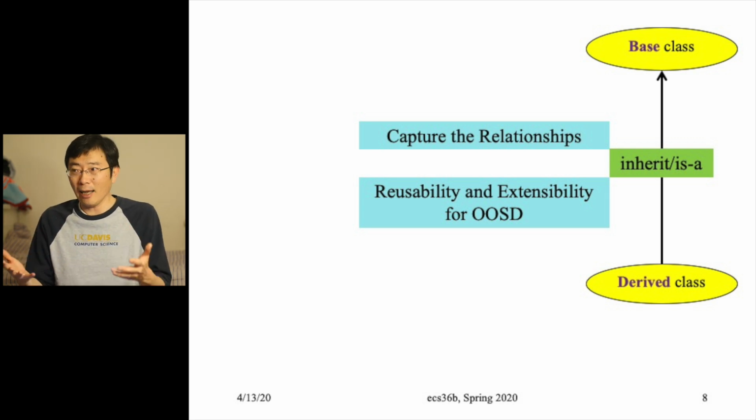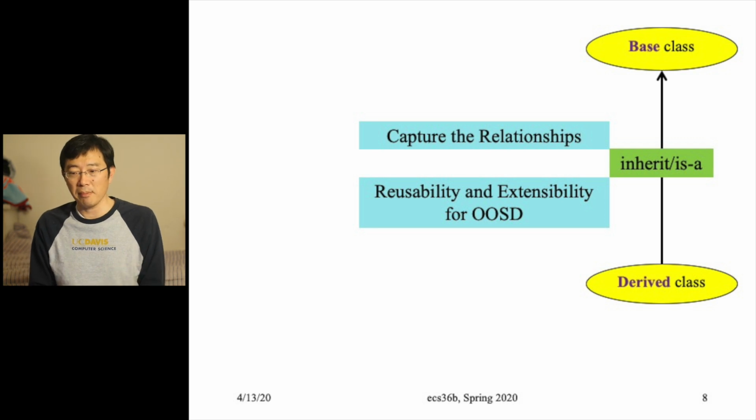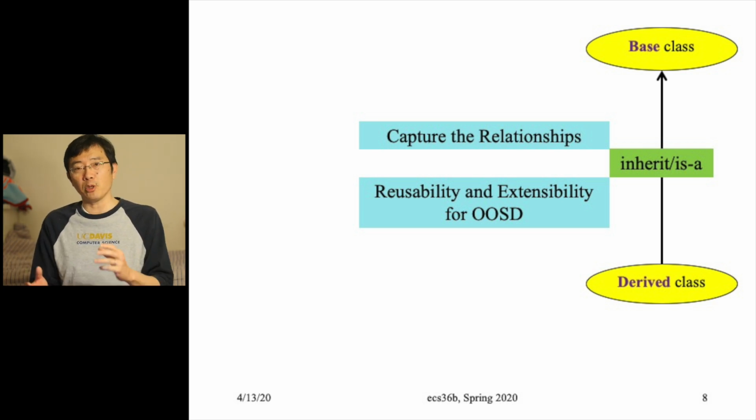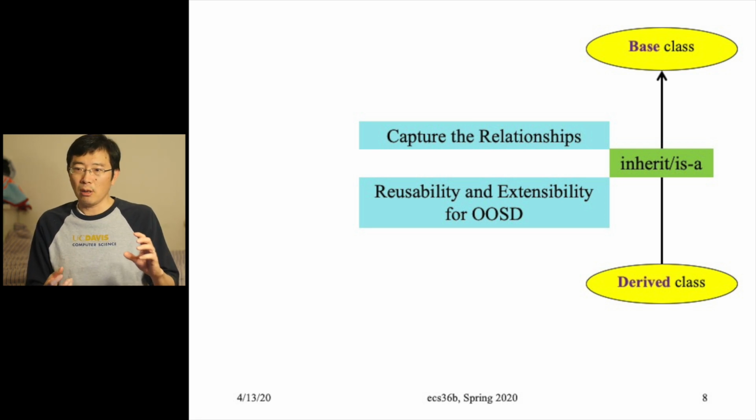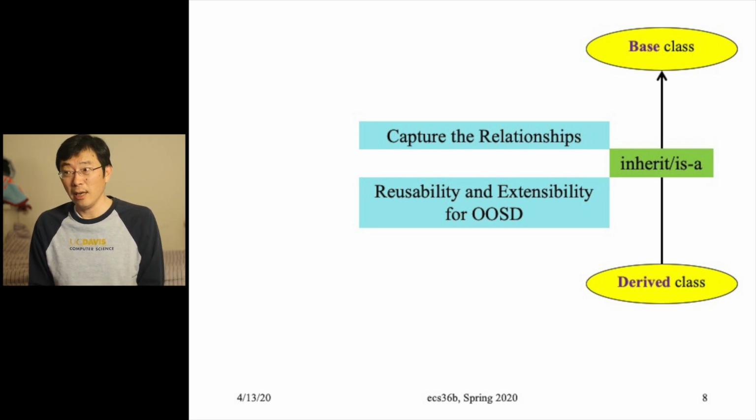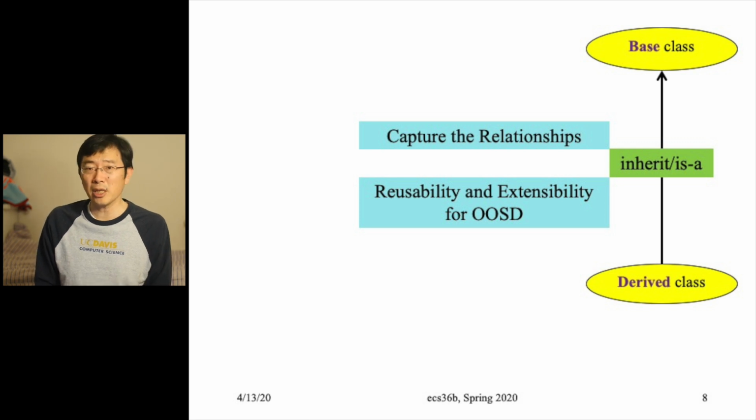reusability of the concept and the code, and then we can make it a lot faster to develop code to solve more problems. And this also deals with extensibility. For example, between box and carton. Initially we only thought about box, so we didn't think that the class carton was really useful.